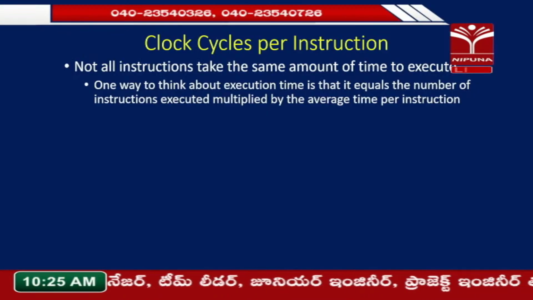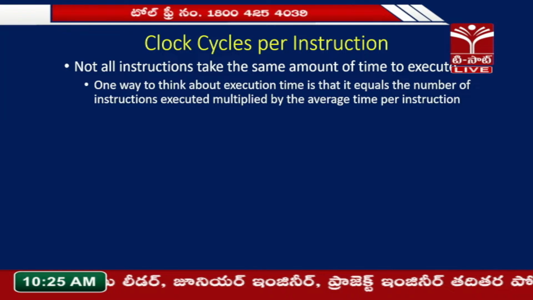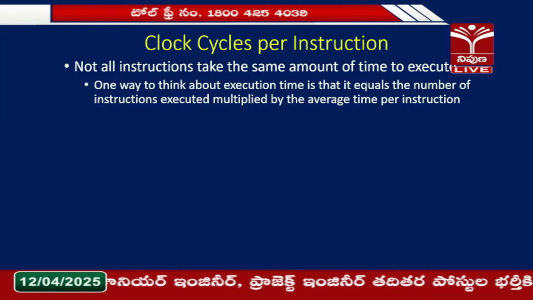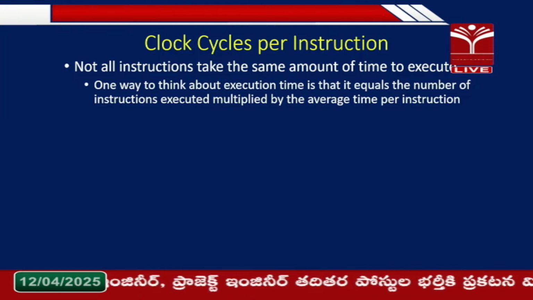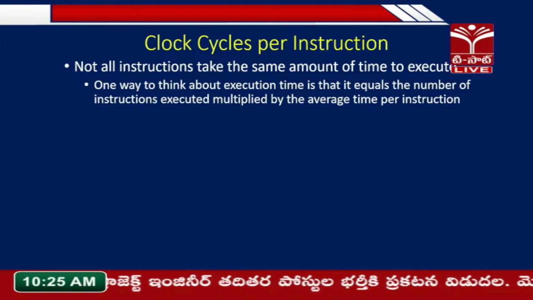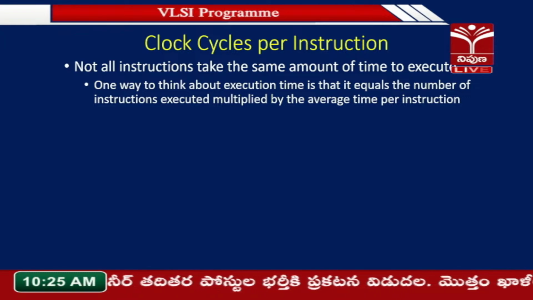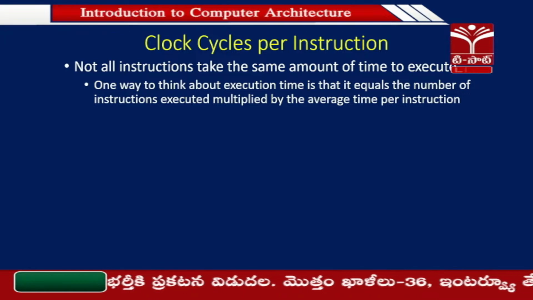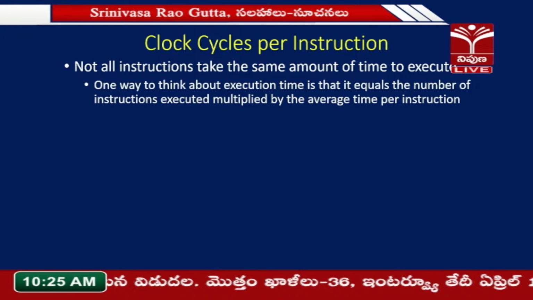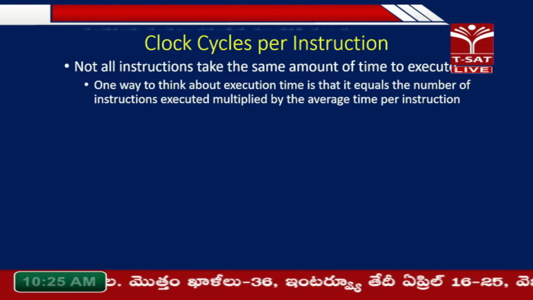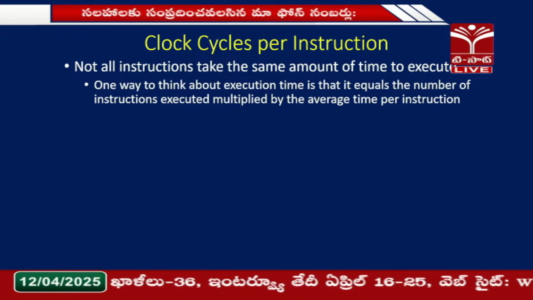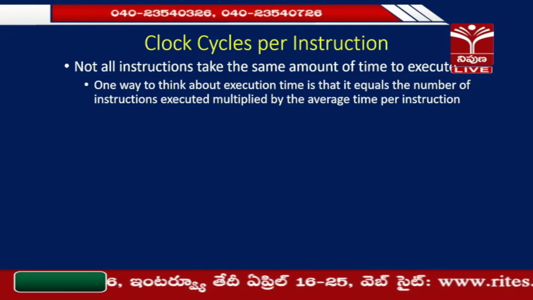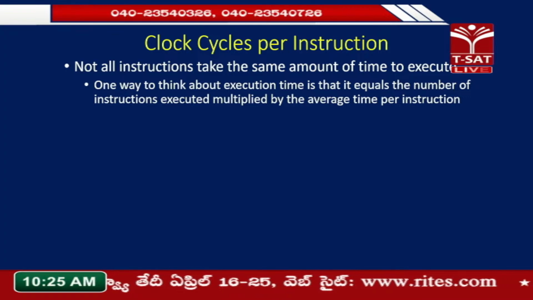And what happens here is, when you define the instruction set architecture and the actual assembly language encoding and decoding, not all instructions will have the same cadence, the same amount of time to execute. One way you can think of it is that you have executed instructions multiplied by the average time per instruction.